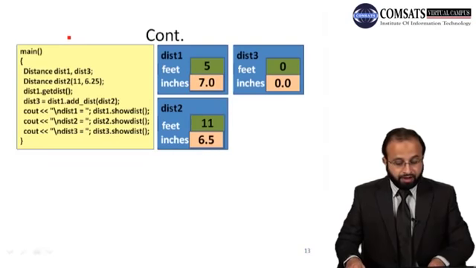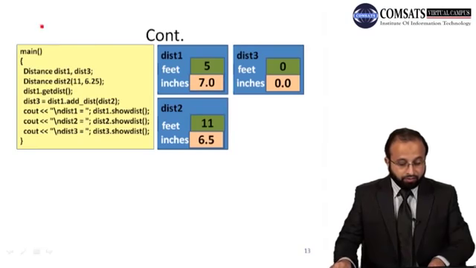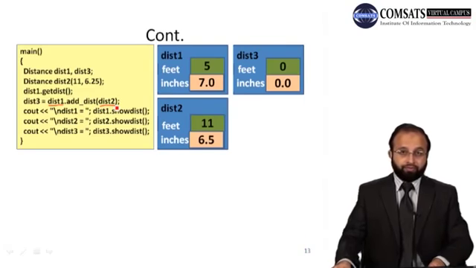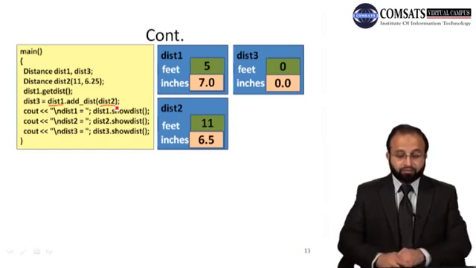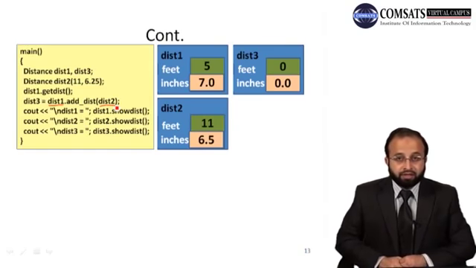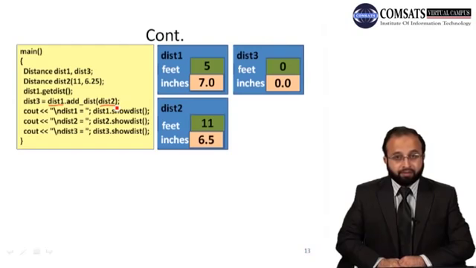The next function is the add dest function. Now you can see how we are going to call this function. We need an object to call the member function, and that object is dest1, and we need to pass one object as a parameter to that function, that is dest2. Now how are we getting that object in add dest function? We are catching this argument object in add dest function as a referenced variable, right?